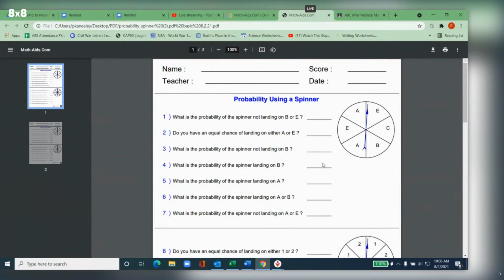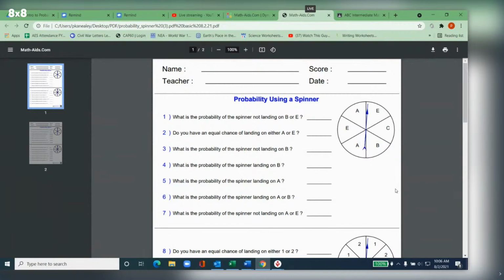So how many are not B and E? There's a C, there's an A, and there's an A. And then we have B, E, E. So the probability of the spinner not landing on B or E would be 3 out of 6 or 1 out of 2.